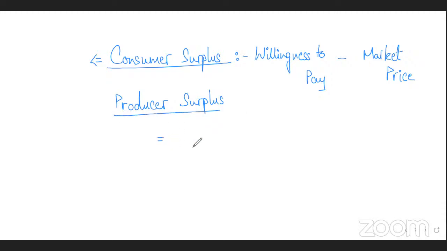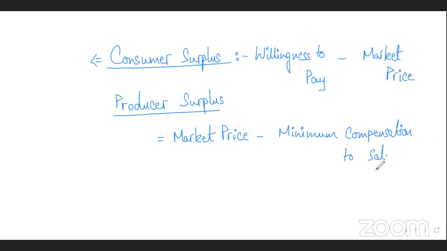Similarly, what is producer surplus? Producer surplus is the difference between the market price, how much is the price for each unit of the good, minus the minimum compensation to sell. Now, let me give you an example. When you go to a shop to buy something, let's say a pair of shoes, the market price of the pair of shoes currently is, let's say, 9,000 rupees.